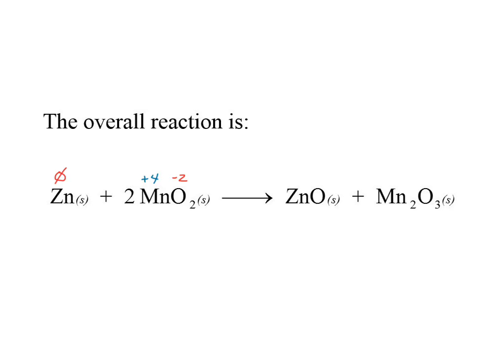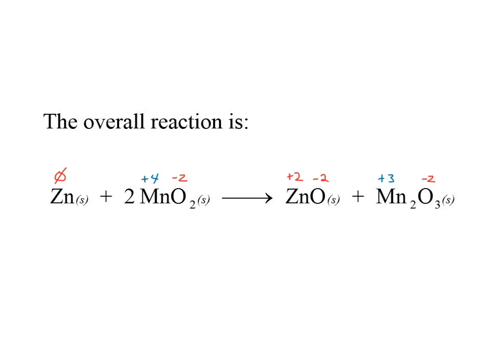Manganese is a +4. Going on the product side, go ahead and put our -2 for the oxygen, a +2 for the zinc. And for the Mn2O3, we'll put a -2 for that oxygen also. So 3 times -2, that's -6. So that manganese needs to be a +3.